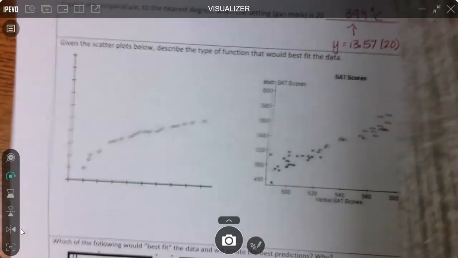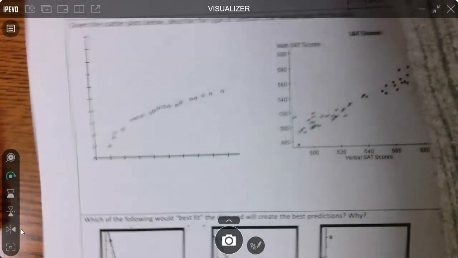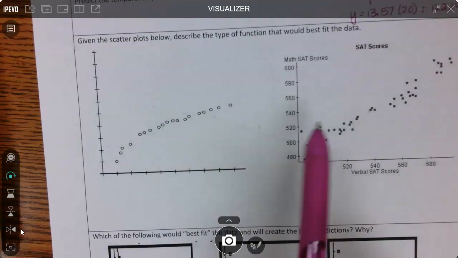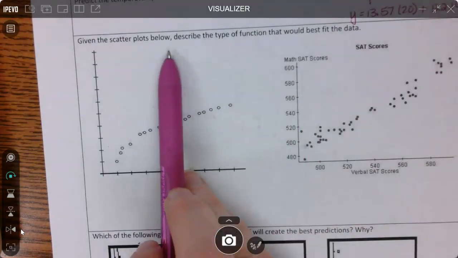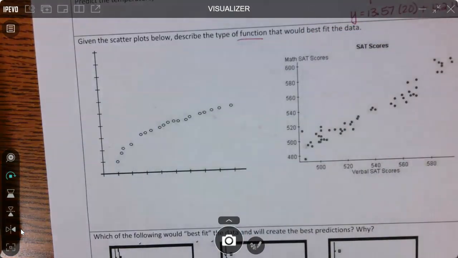Okay, the next part of the notes says, given the two scatter plots below, describe the type of function that would best fit the data. In Algebra 1, you learn about 3 different types of functions. You learn about linear functions, you learn about exponential functions, and you learn about quadratic functions.